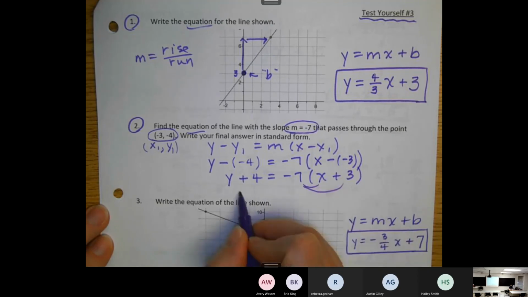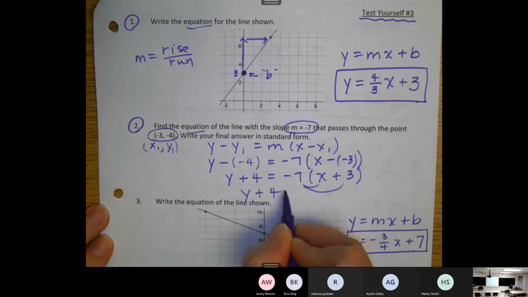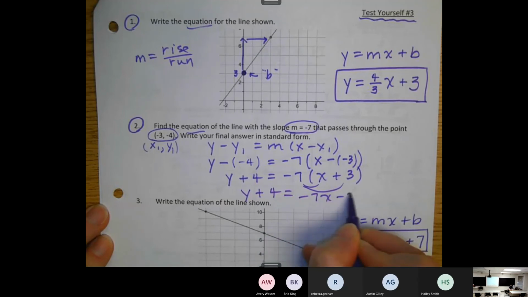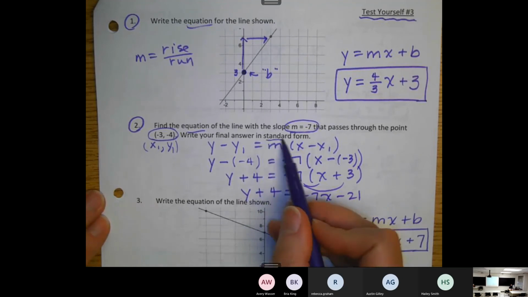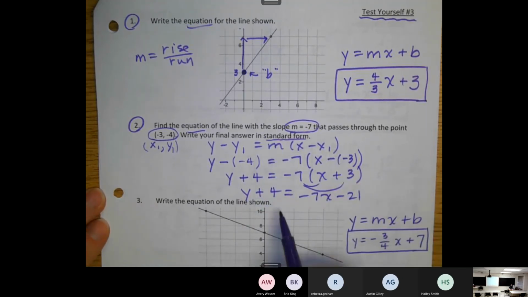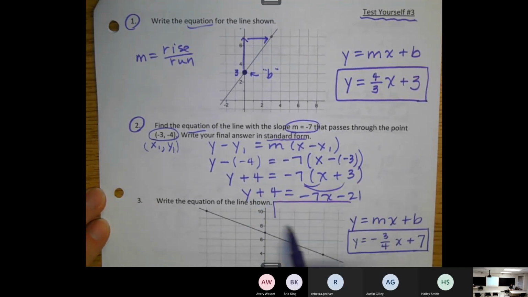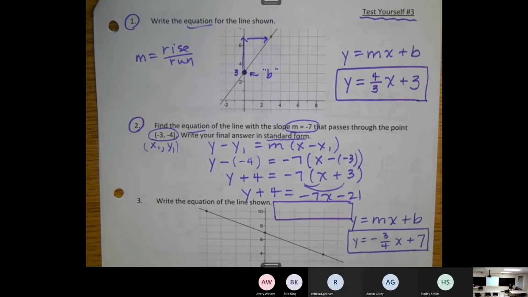Well, we talked about doing a little bit of distributing, and then a little bit of rearranging, because again, they asked for it in standard form. What are you going to get when you move everything around to put it into standard form?